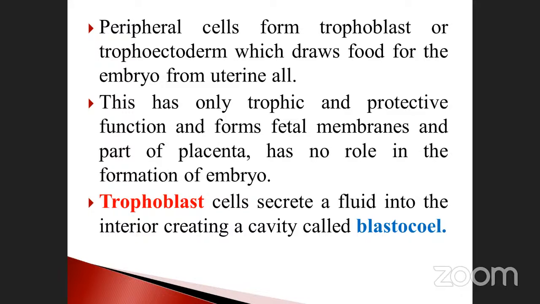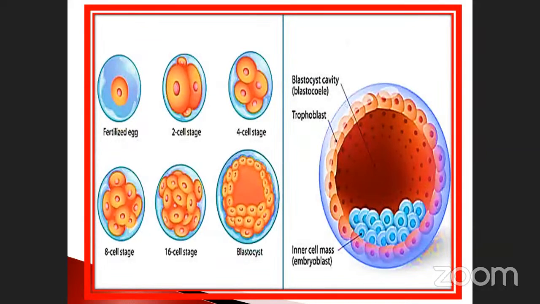Blastocoel. See that: fertilized egg, 2 cell stage, 4 cell stage, 8 cell stage, 16, and also the blastocyst. In this blastocyst, there is a central cavity. This is called the cavity. This cavity is filled with fluid. See the expansion of the blastocyst.